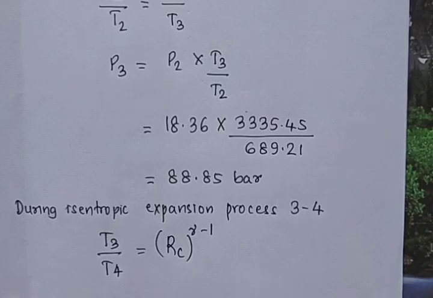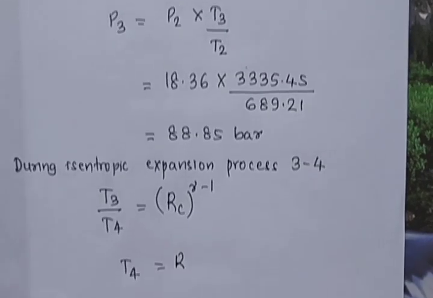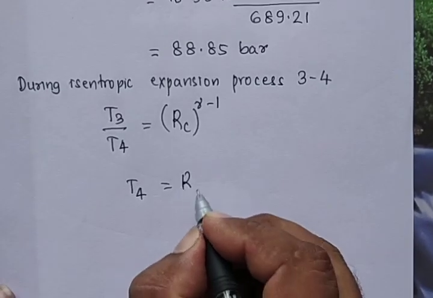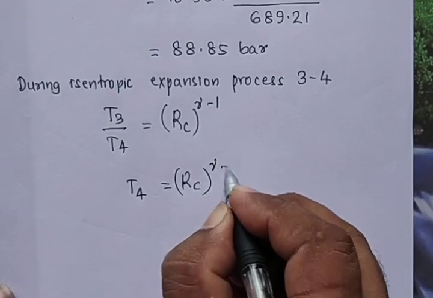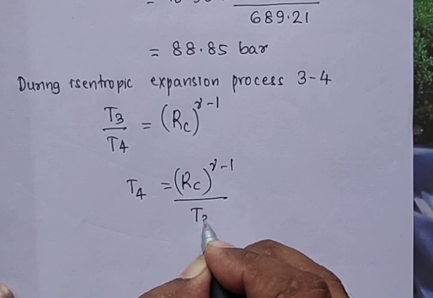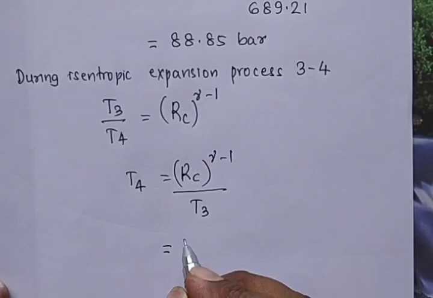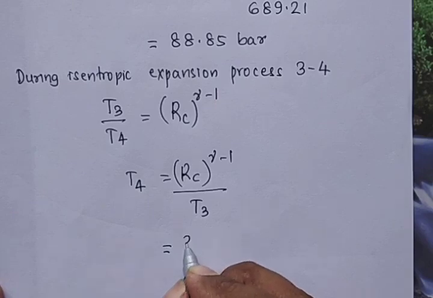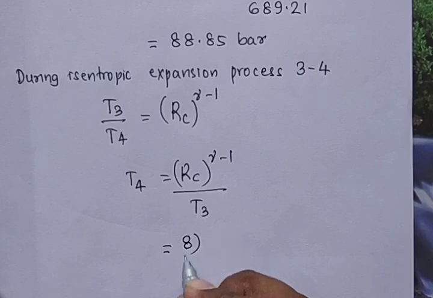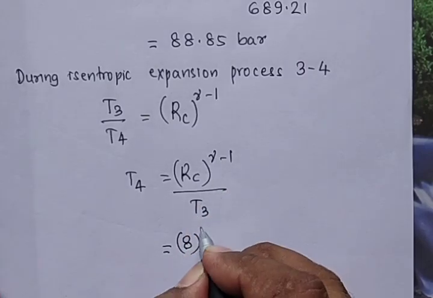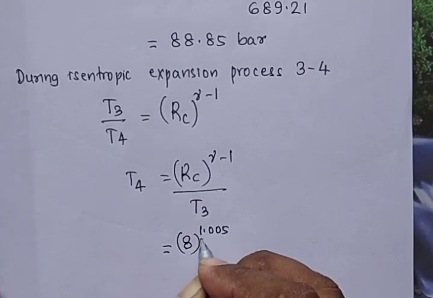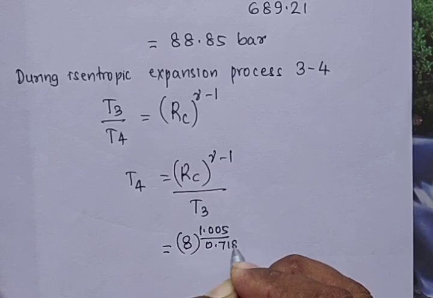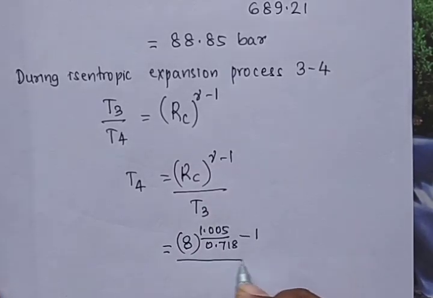That is T4 will be equal to T3 divided by Rc to the power gamma minus 1. So that is 8 whole raised to 1.005 divided by 0.718 minus 1.